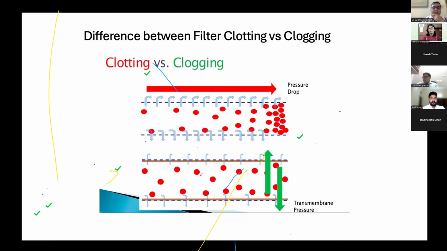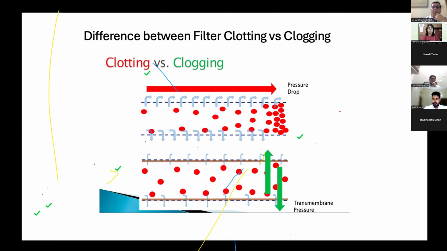That will tell you it is a clogging kind of thing, where the pore size is small, whereas transmembrane pressure will be increased in clogging, versus transmembrane pressure will be either normal or increased in case of clotting.